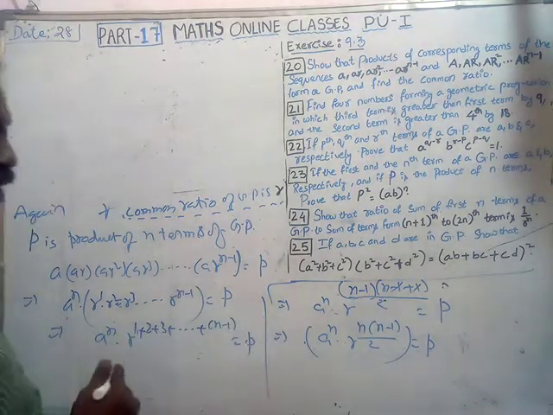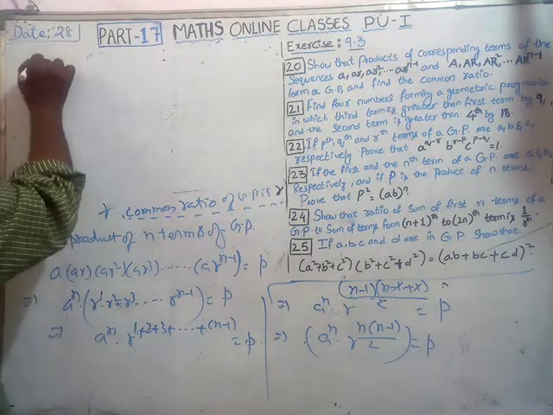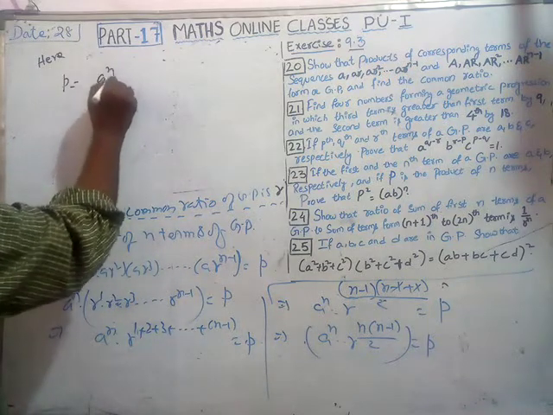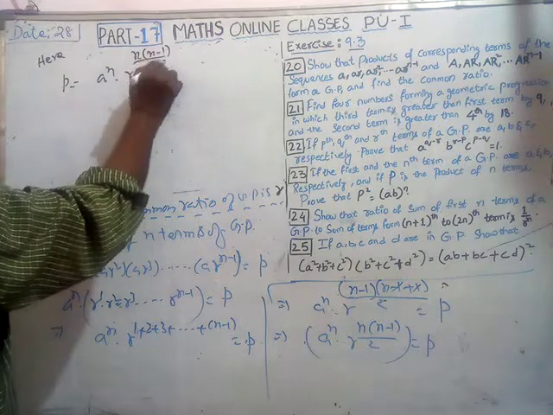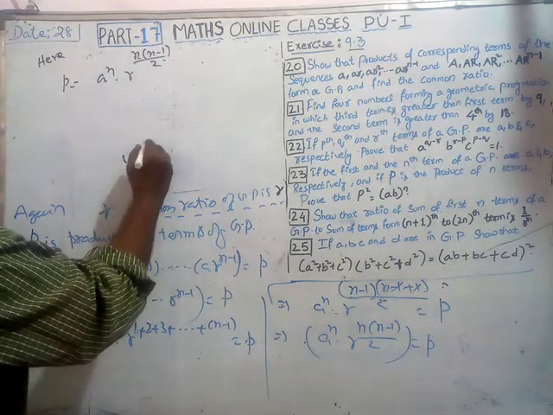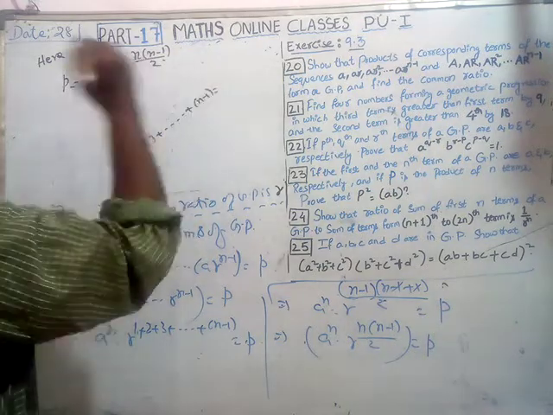Continuation: P is equal to, what is P? It is A power n R power n of n minus 1 by 2. Don't get confused. I will again add 1 plus 2 plus 3 plus and so on plus n minus 1.